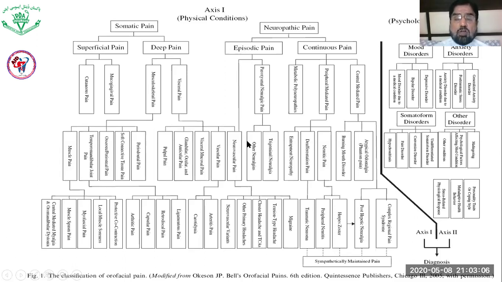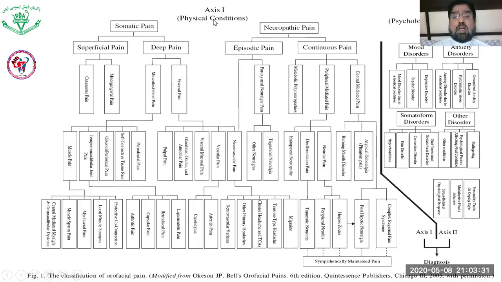One is other neuralgias, which we discussed last time in detail, like occipital, glossopharyngeal, idiopathic, so many neuralgias. And today we are going to discuss trigeminal neuralgia treatment, with reference to paroxysmal, episodic, neurogenic pain in the physical condition.